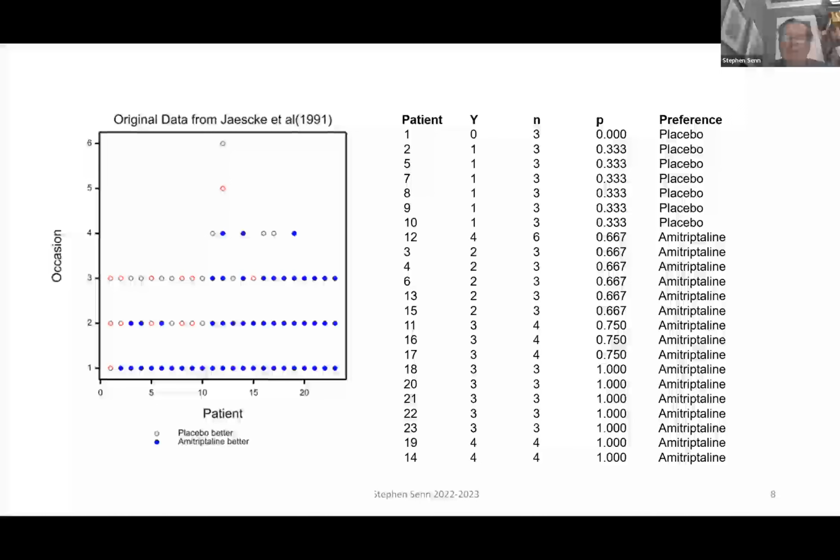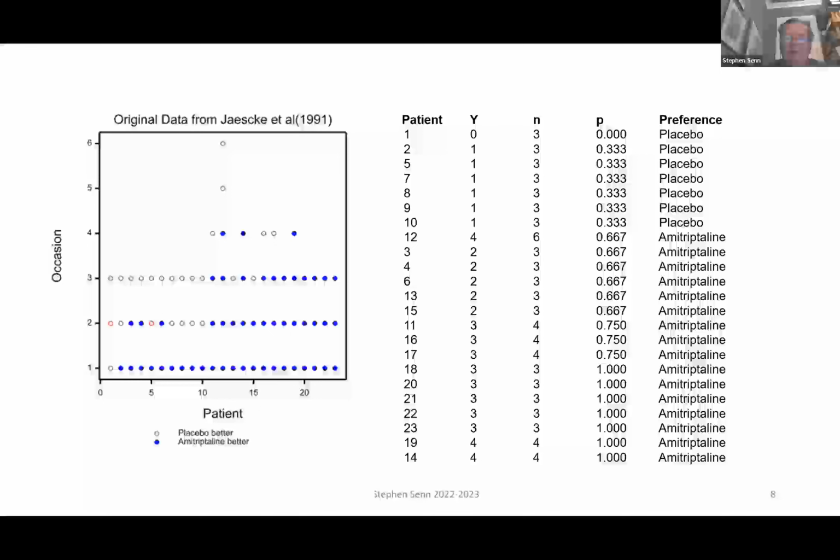Patients were treated on 3 to 6 occasions, so each patient has 3 vertical dots associated with them corresponding to occasions 1, 2, and 3. Here I have color-coded them, with a filled blue circle indicating that amitriptyline was better and an open red circle indicating that placebo was better.